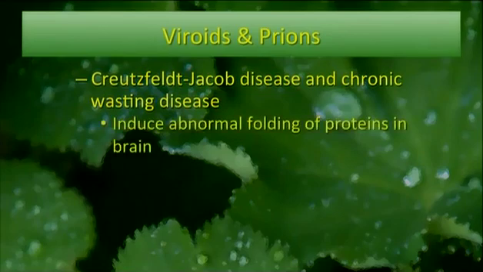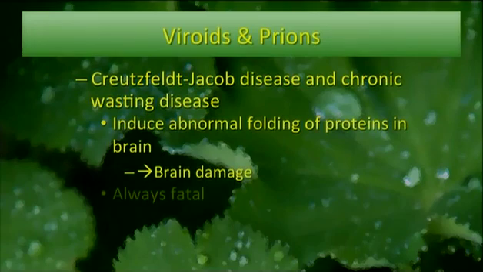Some of these are diseases of humans. They induce the abnormal folding of proteins in the brain, and that can, of course, lead to brain damage. Whenever you have anything going on with your neurological system, you can have damage to the nervous system, and this particular disease is always fatal, always ends in the death of the person.